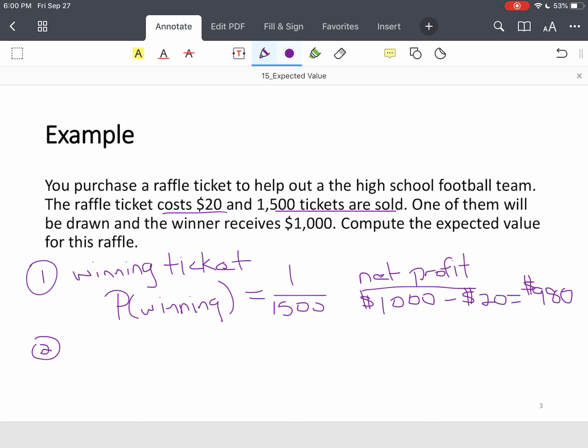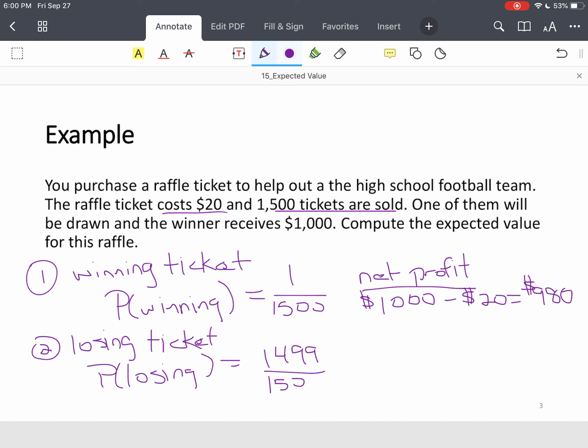Other outcome is a losing ticket. And then find your probability. That's everything else. So that's the complement of winning, which is 1,499 over 1,500.